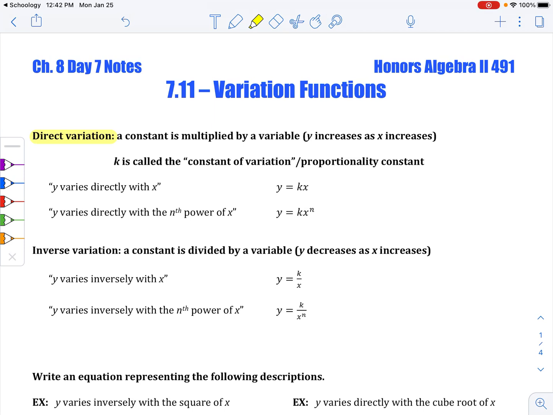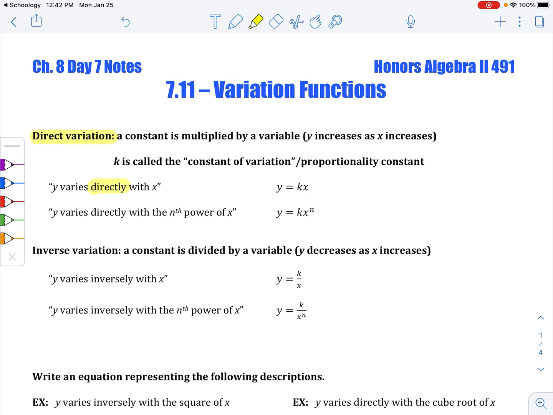It's really any number, and we'll see some examples. So for example, if we say y varies directly with x, we know that y equals a constant times x. Hence exactly right here: y equals a constant, that k value, times x.